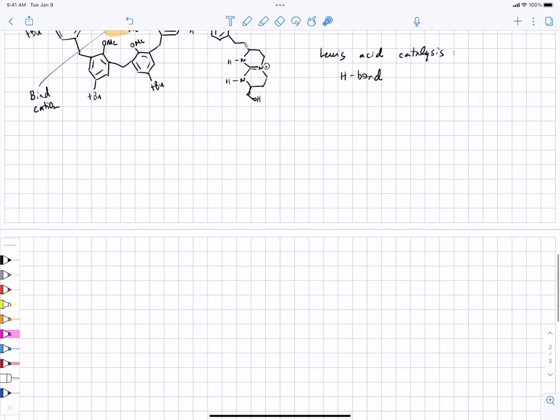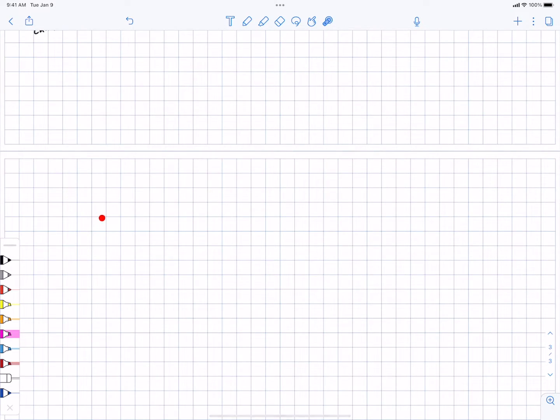One other example of Lewis acid catalysis is the use of zinc as a Lewis acid, and this is zinc 2+. In a lot of cases, you need something to chelate this so that it'll be soluble in organic solvent.